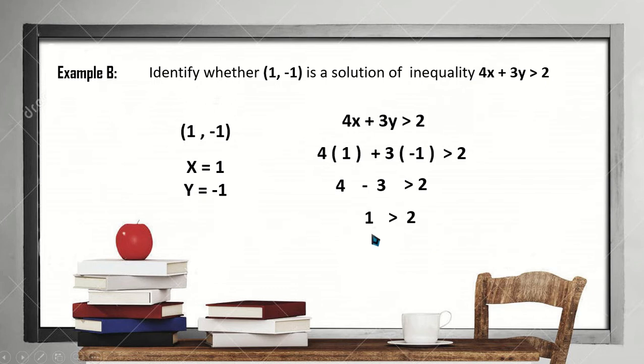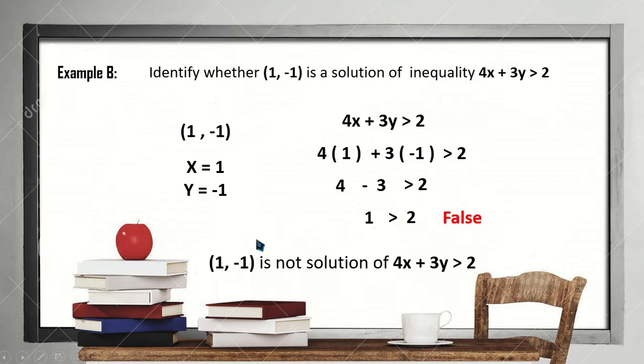So ito, kung titingnan natin, sabi dito, 1 is greater than 2. Mas mataas daw si 1 kesa kay 2. Which is wrong. Ibig sabihin, this is false. Kapag ganon, ibig sabihin, si 1 and negative 1 is not a solution of 4x plus 3y greater than 2.